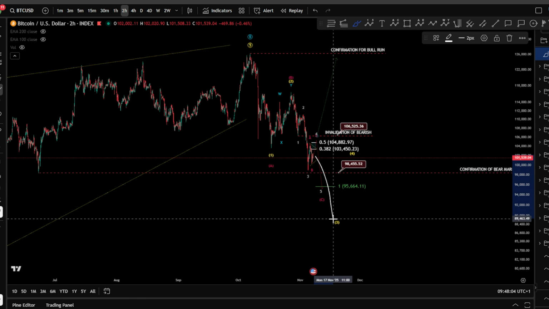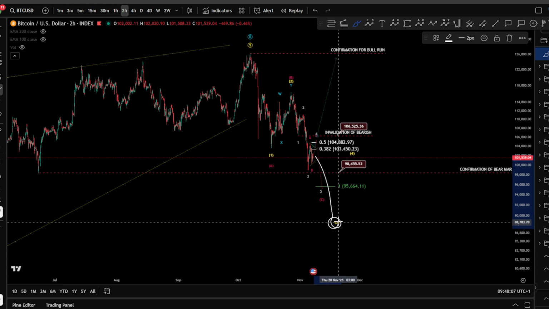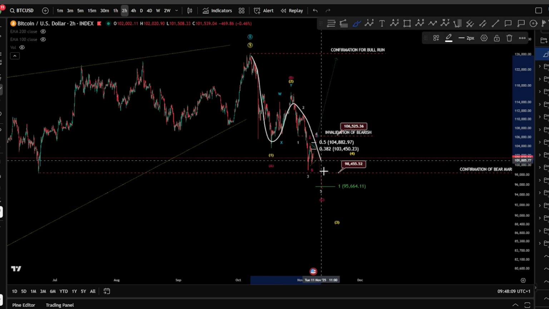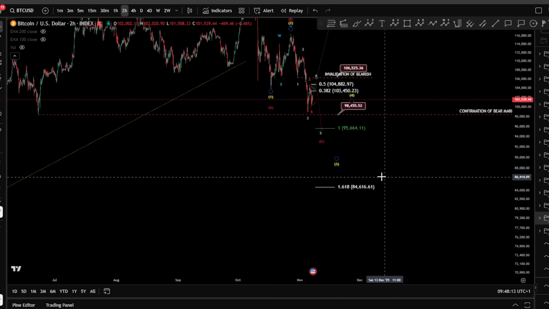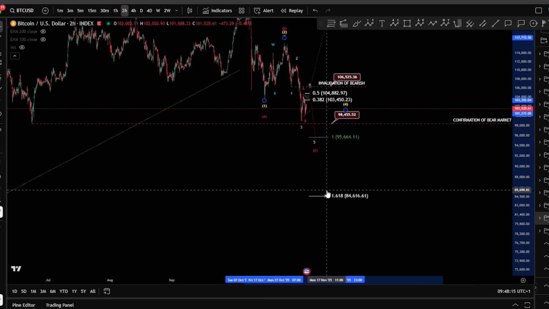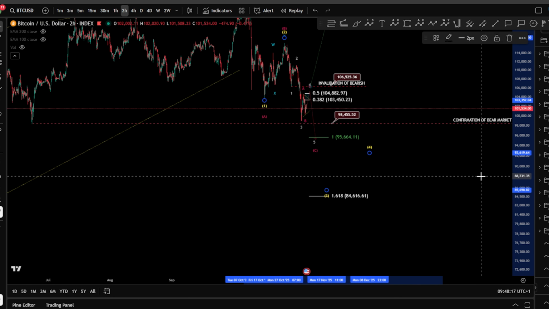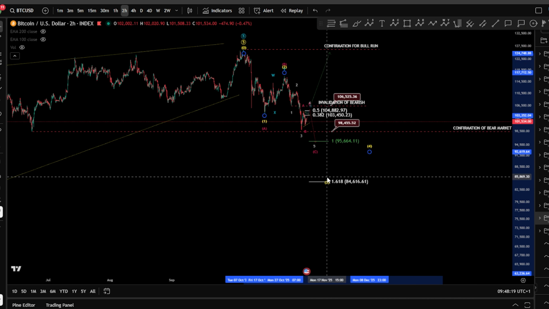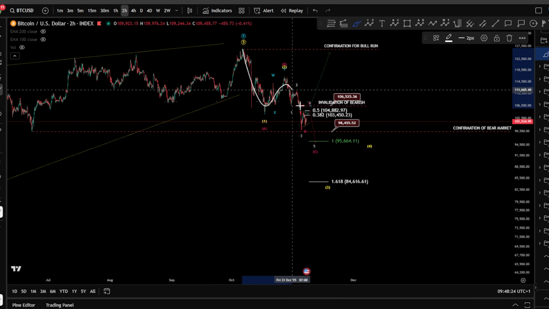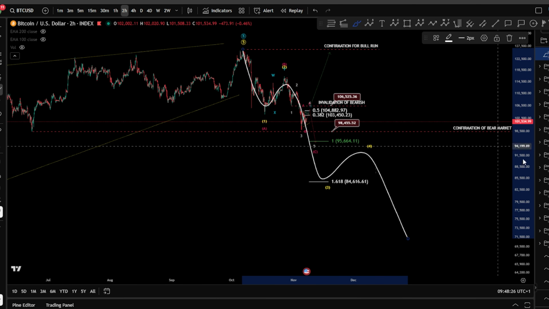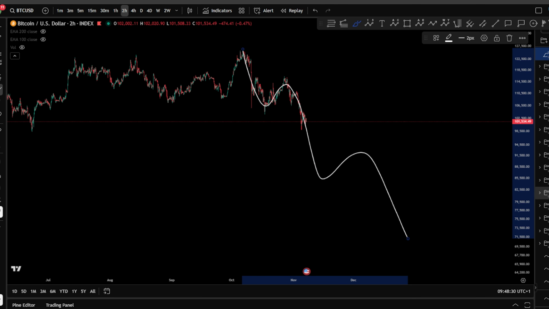By breaking it, you are heading for something much lower as a wave 3, 1, 2, 3, 4, and a 5, preferably at the 1.618 here, which is very, very deep, as we mentioned in the daily, that it might be your wave C in an expanding flat, right? So 94K 600 can be a wave C unfolding toward the downside in this scenario, which is in confluence with the expanding flat, as we mentioned also on the daily.